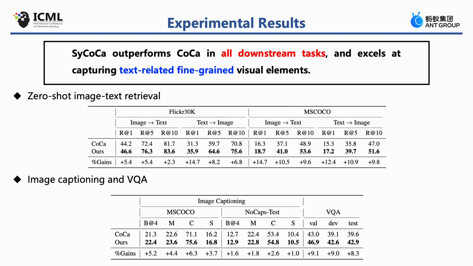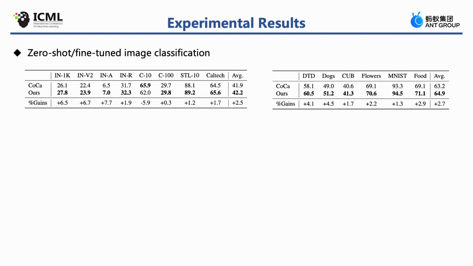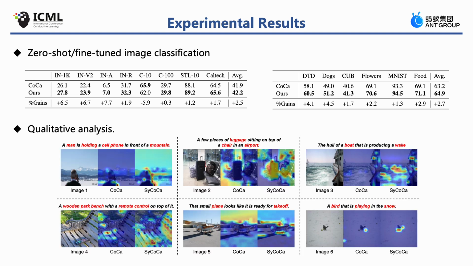In the VQA task, SyCoCa surpasses CoCa in all cases and achieves remarkable improvements of 8 to 9% on different splits. And in the image classification task, SyCoCa outperforms CoCa in 7 out of 8 cases in zero-shot classification, and all 6 cases in fine-tuned fine-grained classification. To obtain an intuitive comprehension of the advantages of SyCoCa, we use Grad-CAM to generate attention location maps.